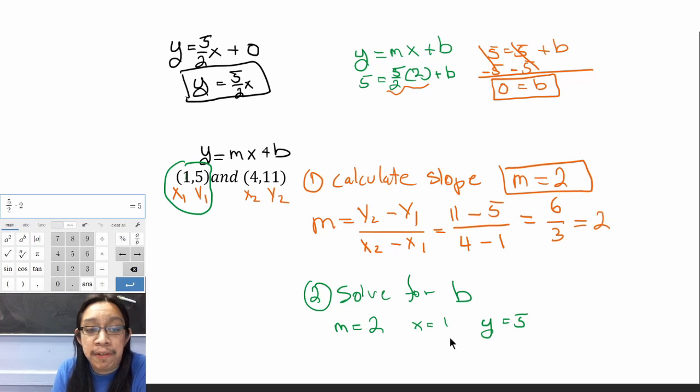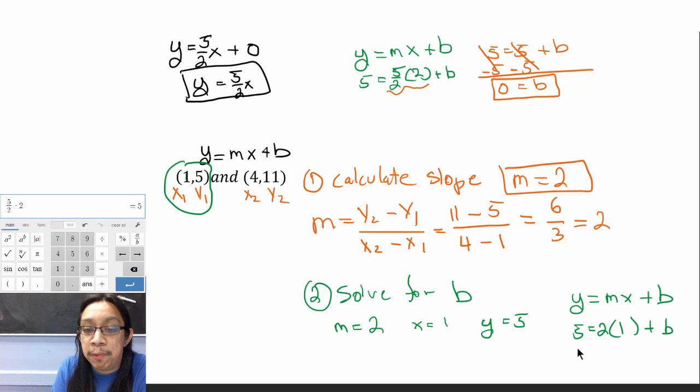So now that we have these numbers, this is our next step. We're going to plug everything in to y equals mx plus b. Our y is going to be 5 equals, our slope is going to be 2, parentheses, because we're going to end up multiplying, our x is going to be 1, and then we don't know anything about b. That's the whole point.